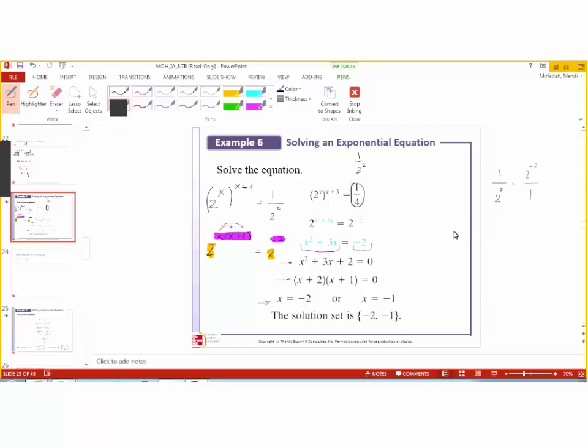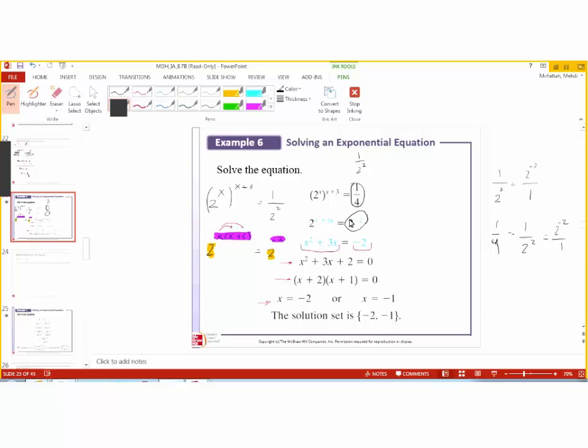Or if it's minus at the top, I can move it down, it becomes plus. So that's how we get 1/4, which is 1/2 squared, the same as 2 to the power of minus 2/1, which is 2 to the power of minus 2. You follow that so far?